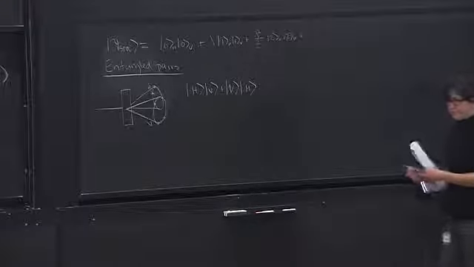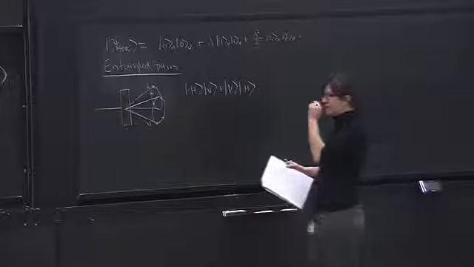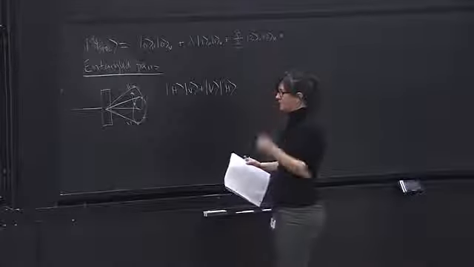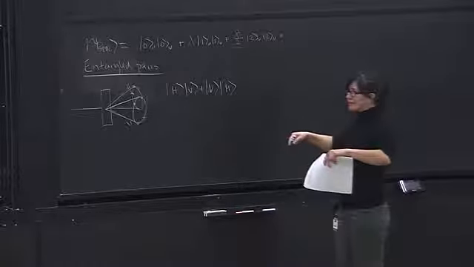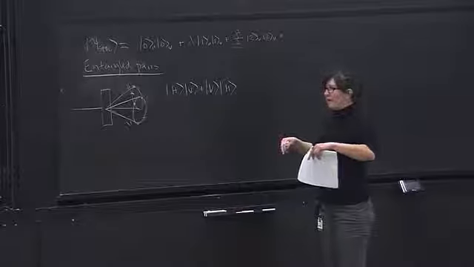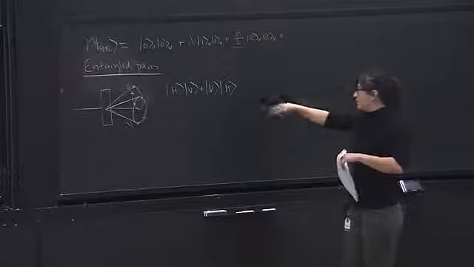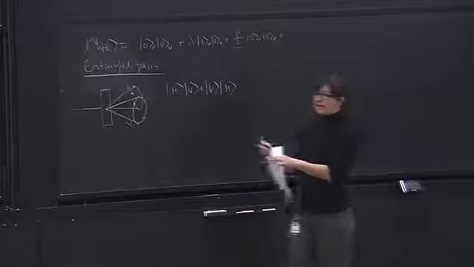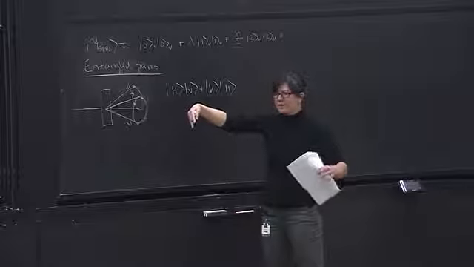How do you herald that? You don't herald it. So typically what happens is you go ahead and do your experiment, you send whatever comes out through your experiment, and then at the very end you post-select on having a pair. You can do what's called coincidence counting.